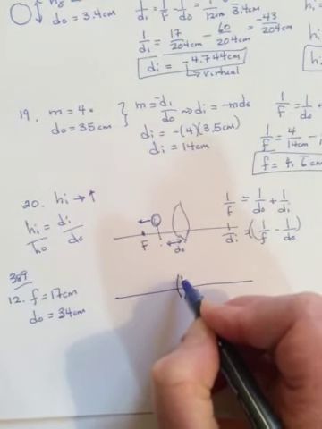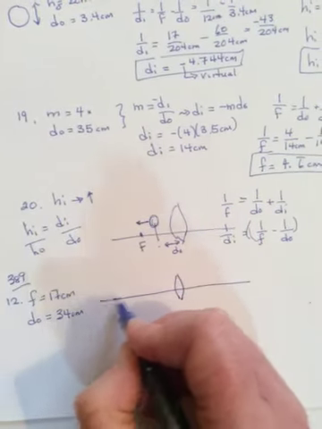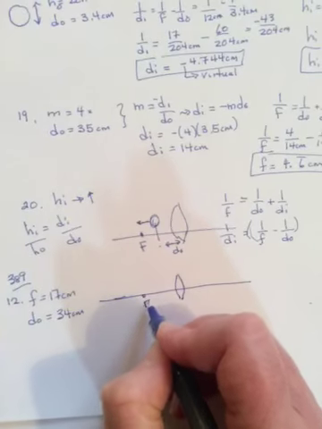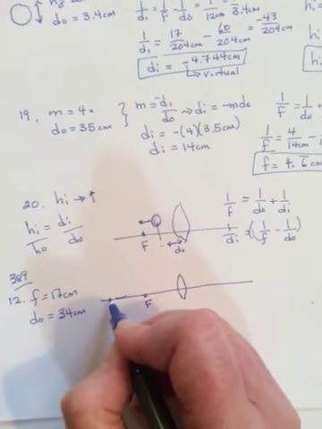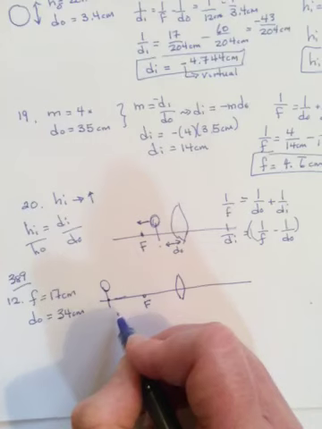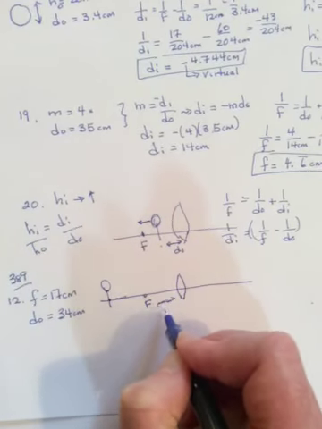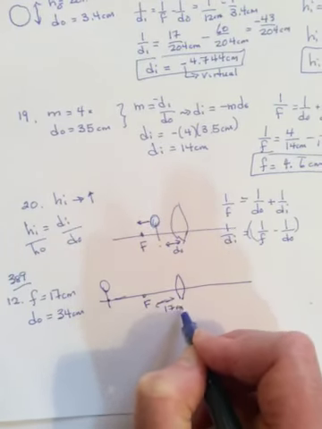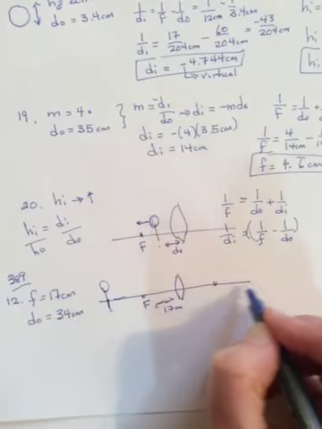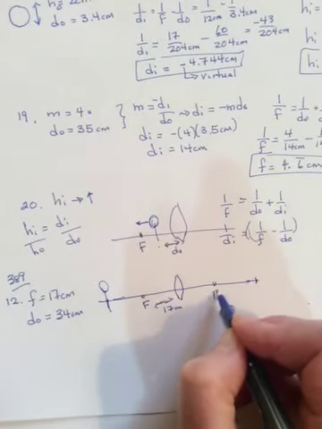Hopefully, you can see where the image is going to be, right? Because here's F, 17 centimeters, and here's the object at 2F. And if the object is at 2F, then the image should end up over here at 2F.